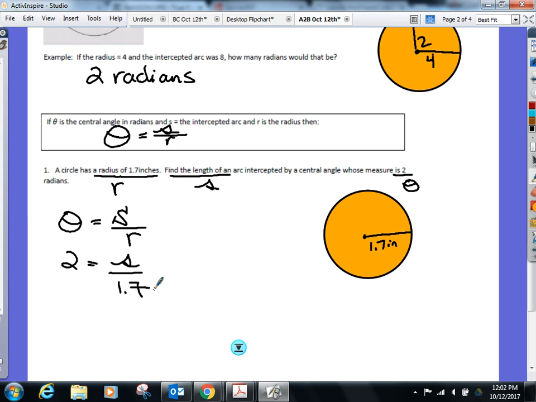Because these could be flipped, and you could solve for R instead. How do you want to do it? Cross multiply. S equals 2 times 1.7, 3.4. What are we working in here? Inches?